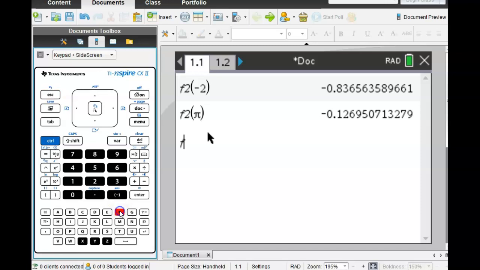So again, I want F2 of, and then I can just use this one. I think that one's easier to get to. I can put my squared in there. That's the number I get, so make sure you're getting the same numbers so you know you're hitting the right things correctly. So we've got negative 2, pi, and e squared.